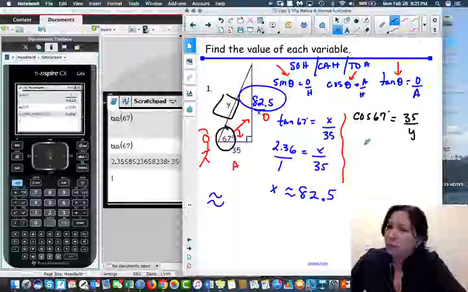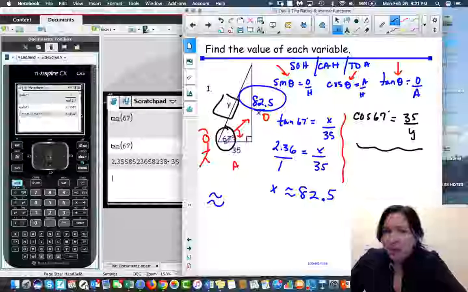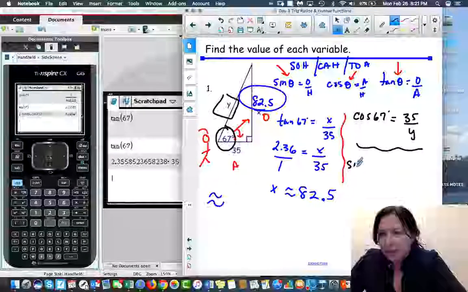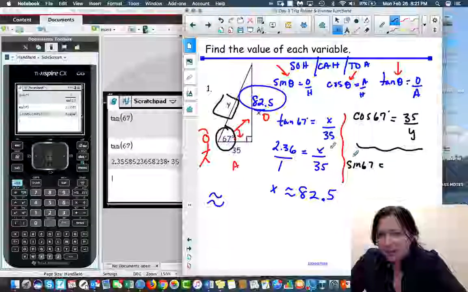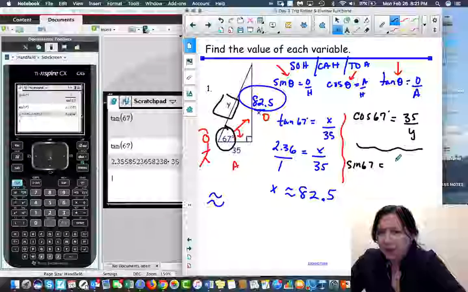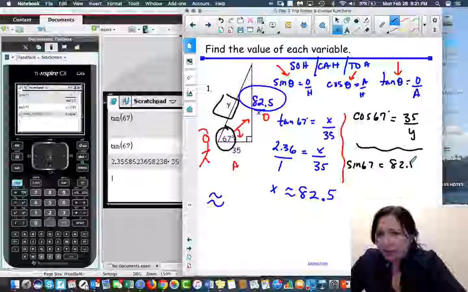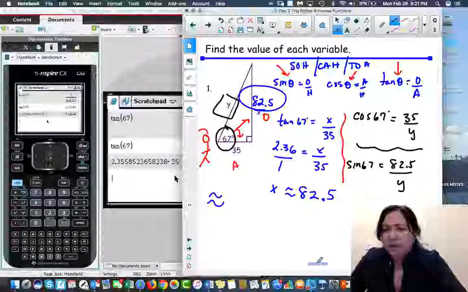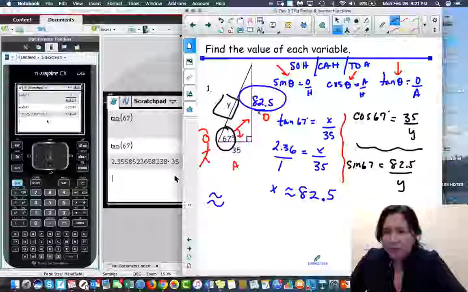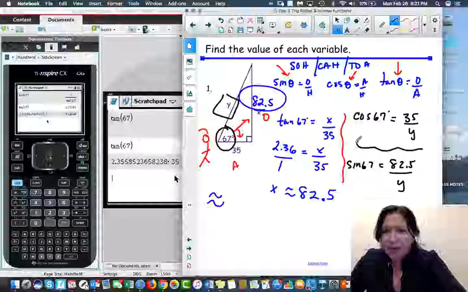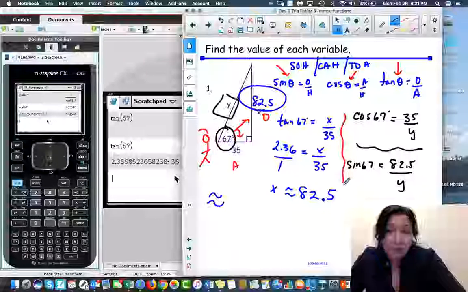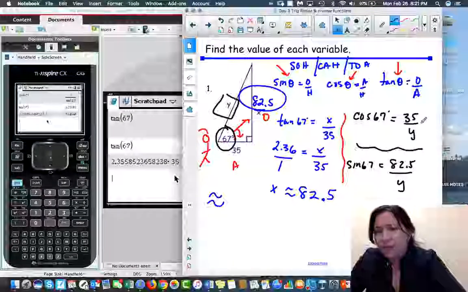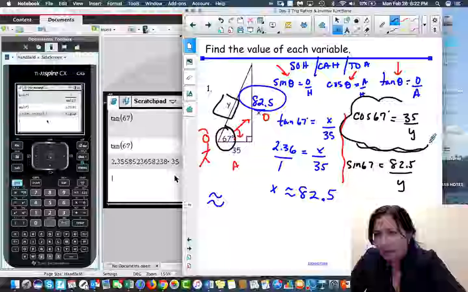Another option is to say sine of 67 is equal to the opposite side, 82.5 over y. Either one of those is going to give me a correct answer. The difference is that one is sine and one is cosine, and that's it. So let's just use the original cosine one up here.